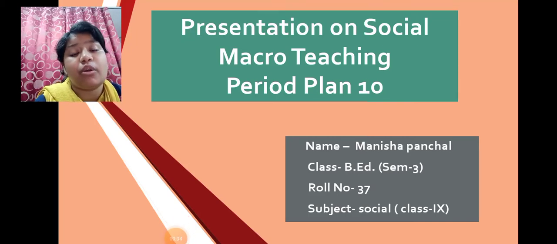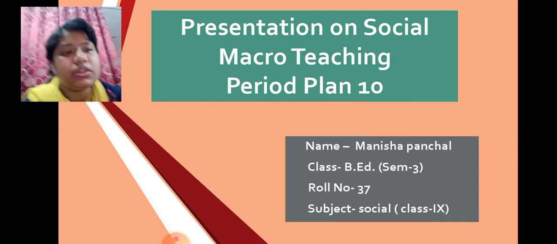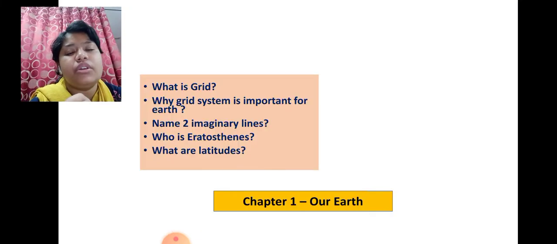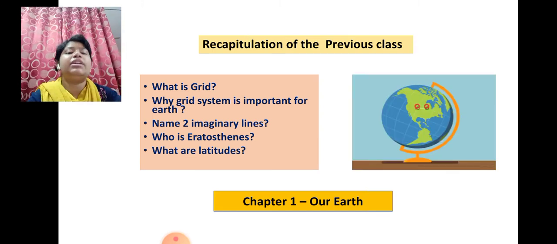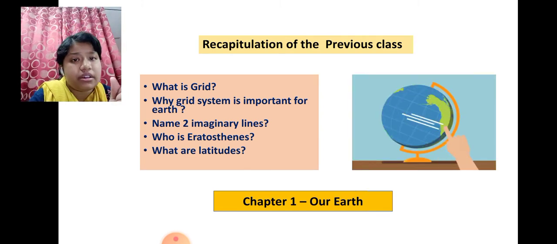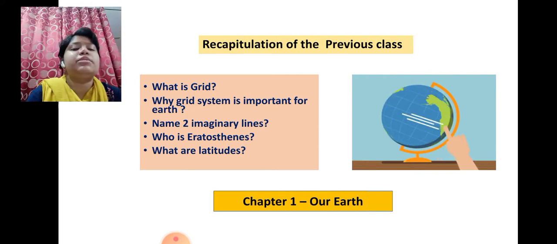As we were discussing the latitude and longitude grid system, today we will be discussing latitude and longitude in detail. So let's have a recap of the last class. What is a grid? A grid is nothing but the rectangular squares which we see on the globe and also in graph sheets. Why is the grid system important?